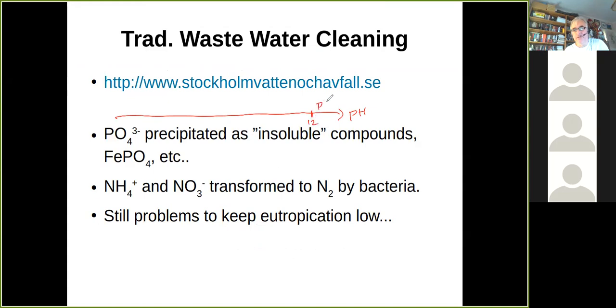So above approximately 12, the phosphate ion is the dominant species, but below 12, then it's the HPO4 2-. I would call this also phosphate.